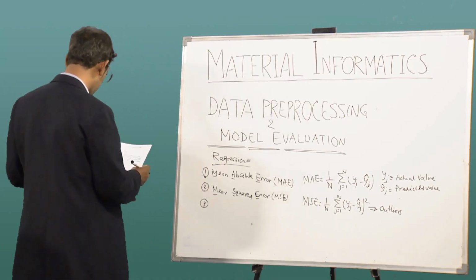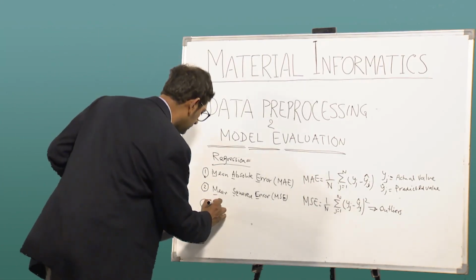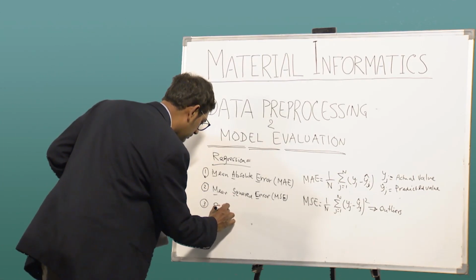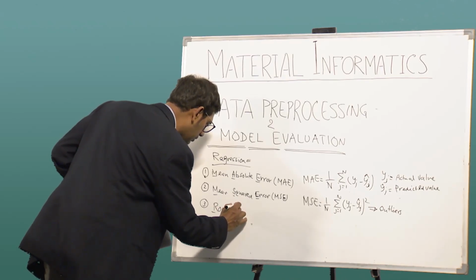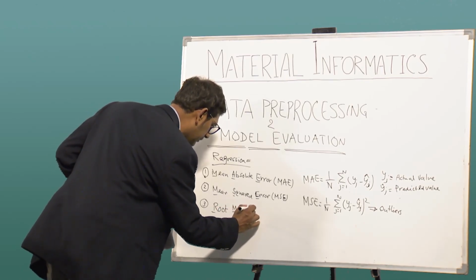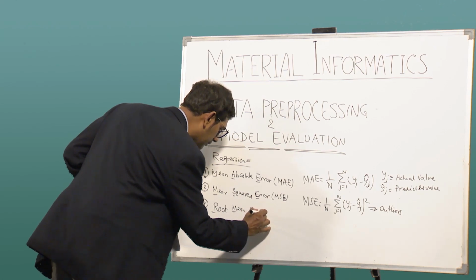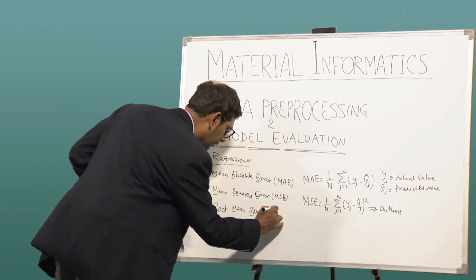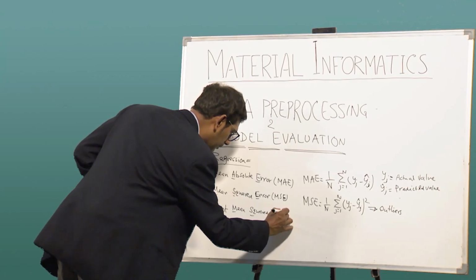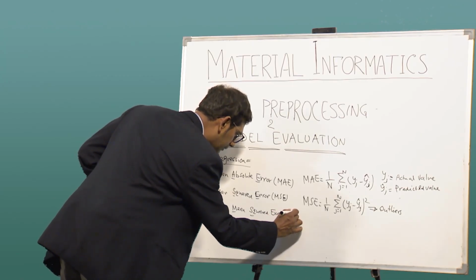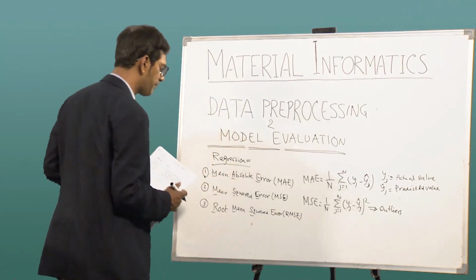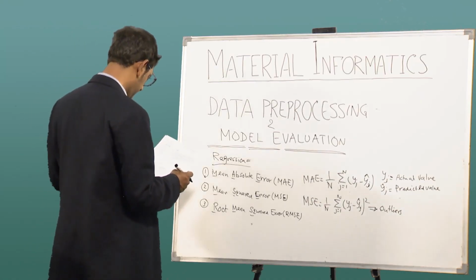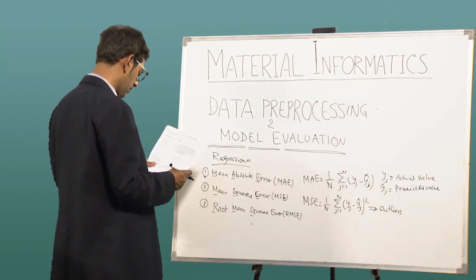The third aspect is what is known as the root mean squared error, that is called RMSE. What is that? Basically, you take the root of that.